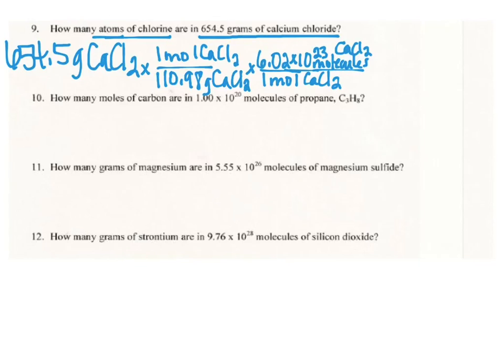So in one molecule or formula unit of CaCl2, how many atoms of chlorine are there? There are 2 atoms of chlorine. So 7.101 times 10 to the 24th atoms of chlorine.